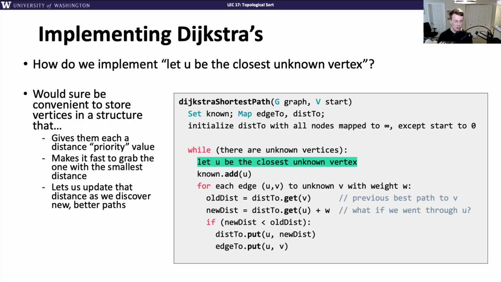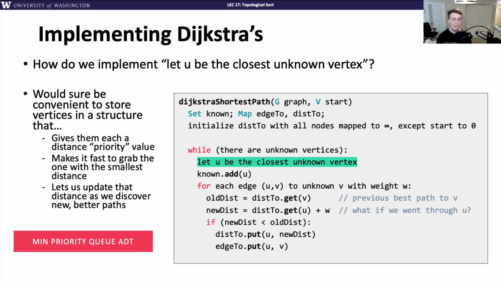This data structure should, instead of saying data structure, I should say ADT, this description of a data structure, should hopefully sound reminiscent of a minimum priority queue, where we can order all the vertices, their priority, based off their distance. And we can always grab that closest distant vertex from our perimeter.